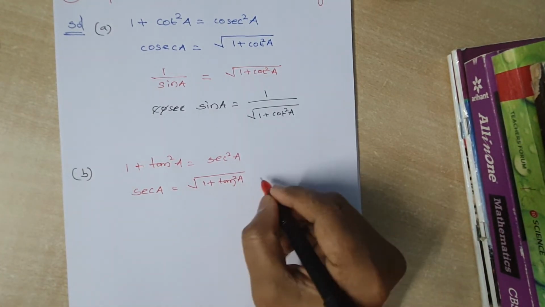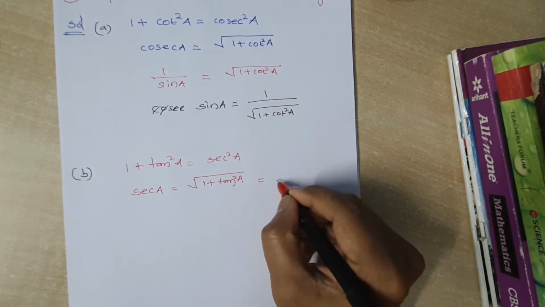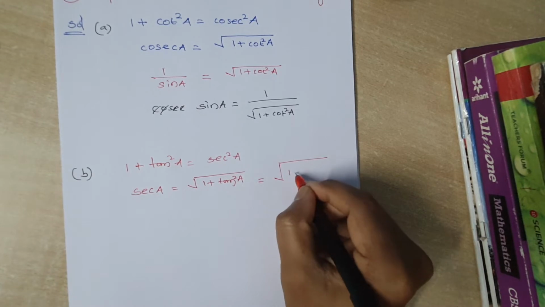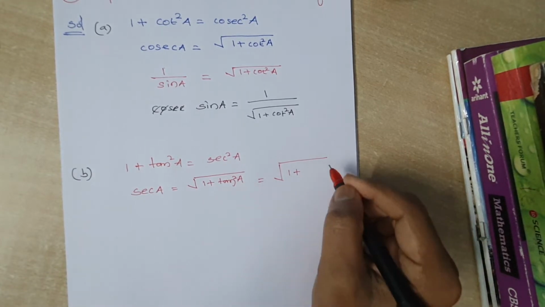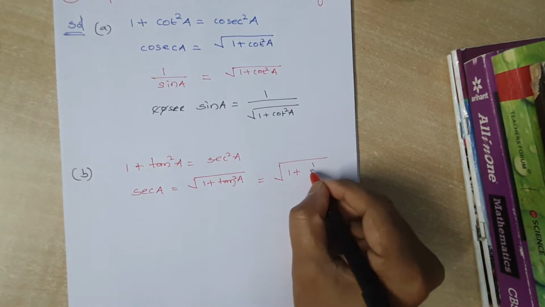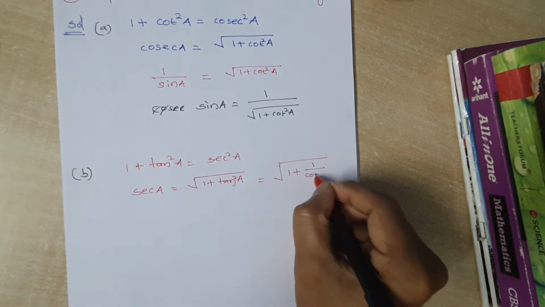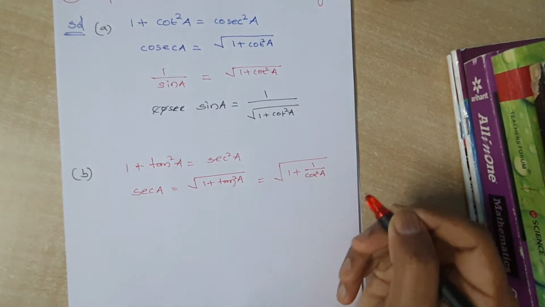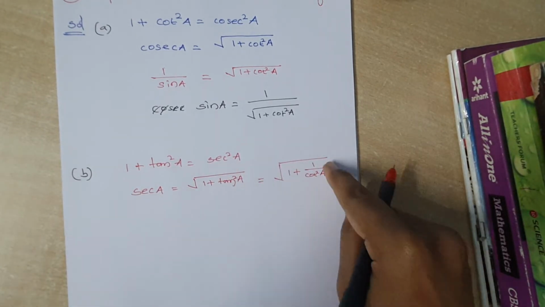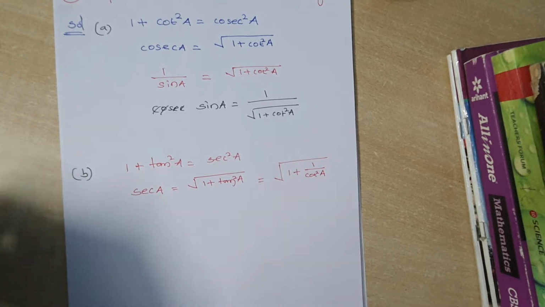We can write it as square root of 1 plus tan square A, and tan is what? 1 by cot. So instead of tan square A we can write 1 by cot square A, because 1 by cot square A is tan square A.